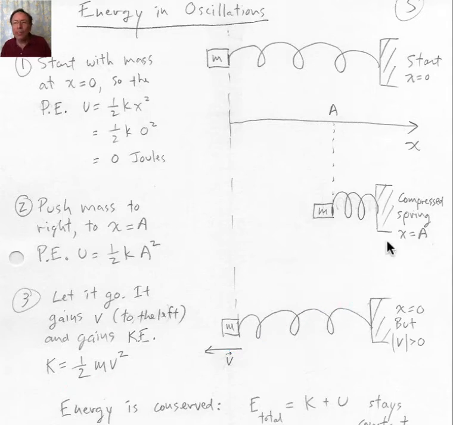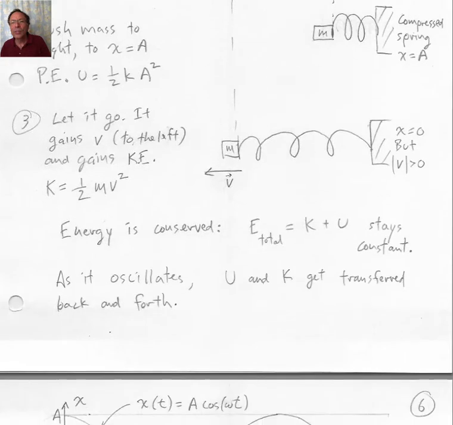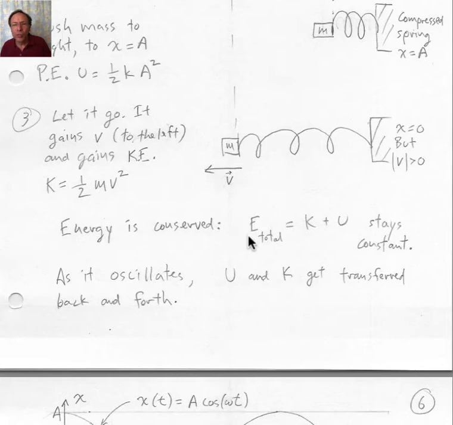So as all of this is happening, from the moment that we let go, this system conserves energy. So the kinetic energy plus the potential energy, which is in the spring, added up, that's the total energy, it stays constant.